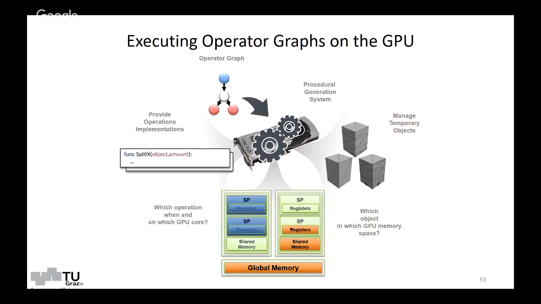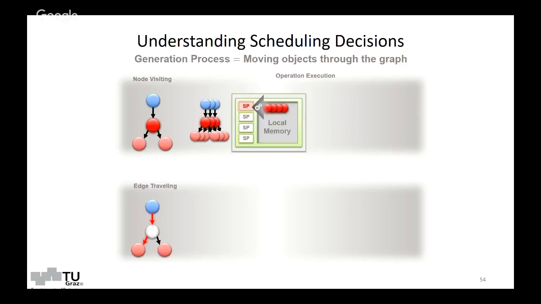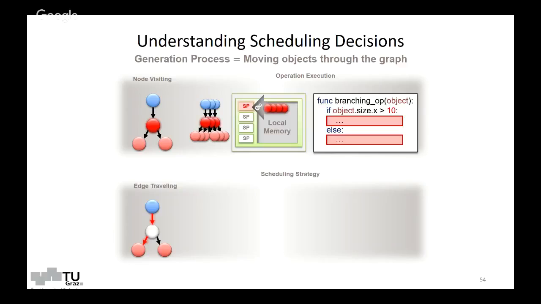And this allows us to change a lot in terms of behavior during the execution. If you take a closer look, the execution of the nodes are the functions that are provided by the generation system itself. So you can have things like subdivide, split into multiple objects, move around, and so on and so forth. We cannot do too much here because it's just the operations which are to be executed.